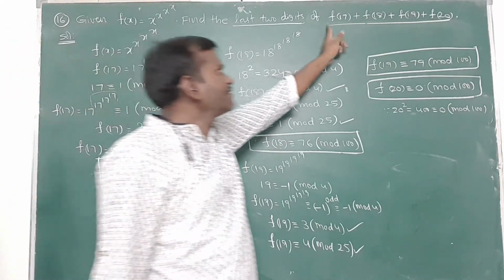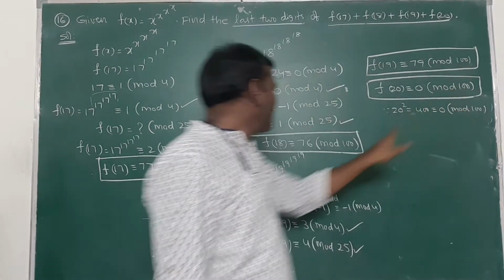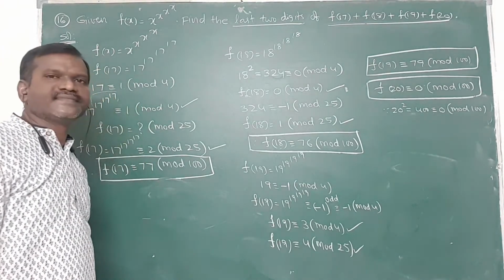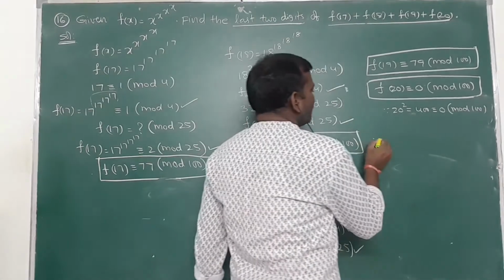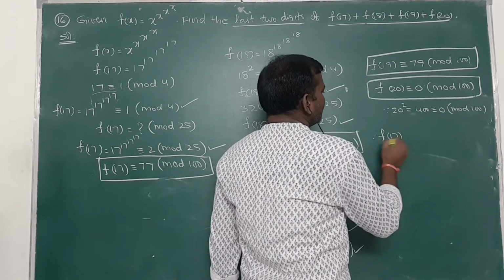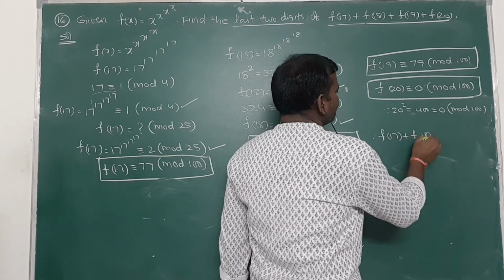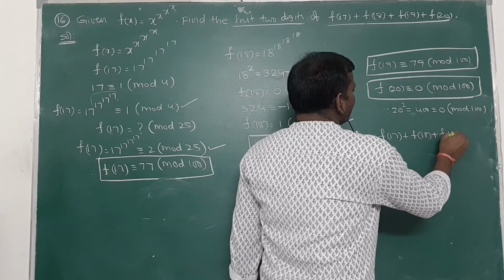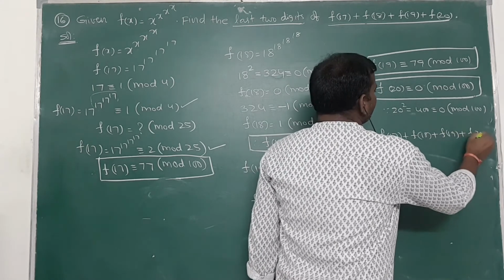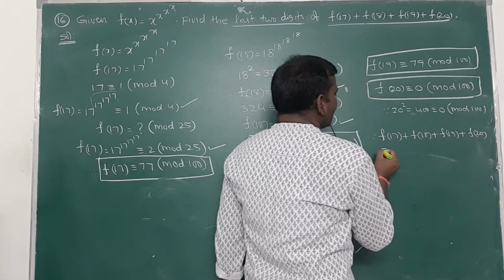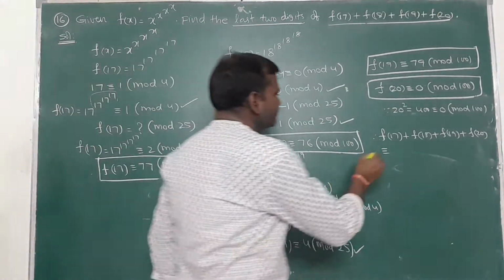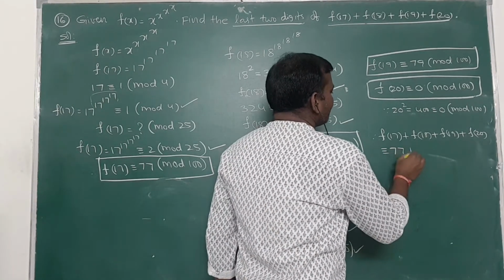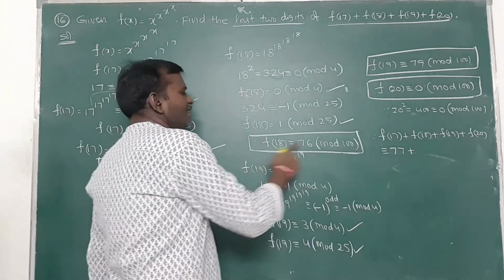So for the 4 values, when divided by 100, I got the remainders here. But I want the sum. So f of 17 plus f of 18 plus f of 19 plus f of 20 when divided by 100 I want here. F of 17 when divided by 100, what is the remainder? 77. F of 18, 76.